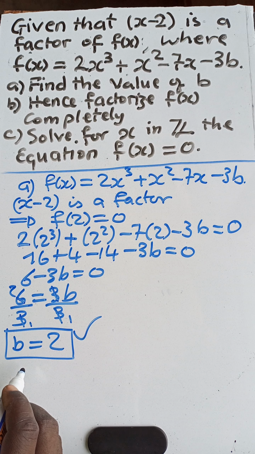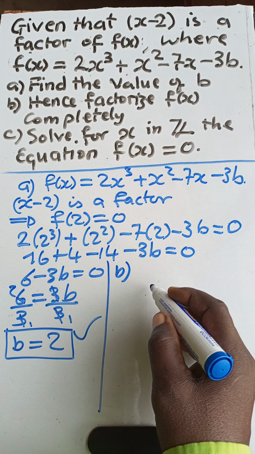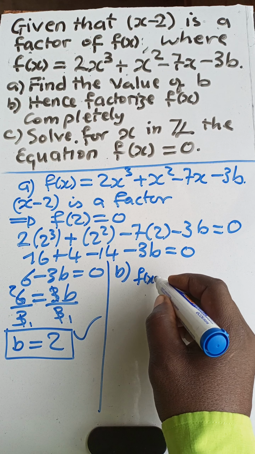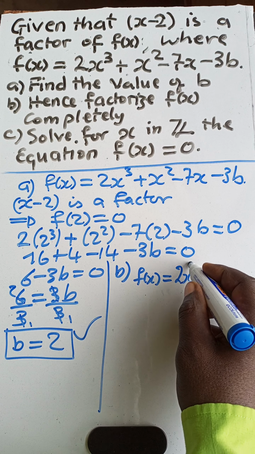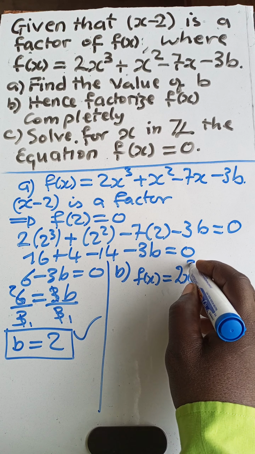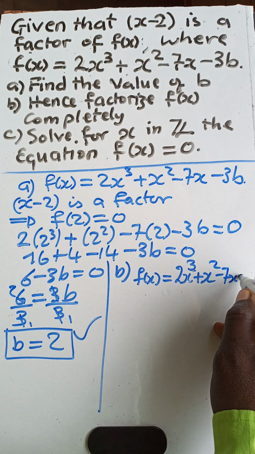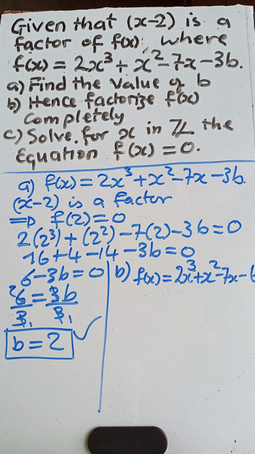Now, let's take the second part of the question. We are asked to factorize f of x completely. Now that we know the value of b, f of x now becomes 2x cubed plus x squared minus 7x minus 3 multiplied by 2, which becomes minus 6.